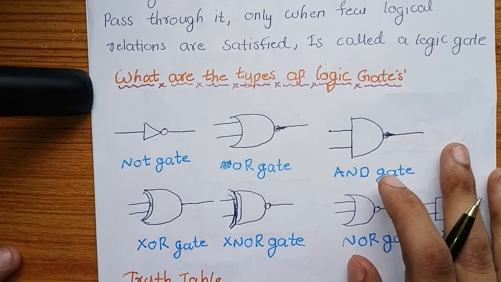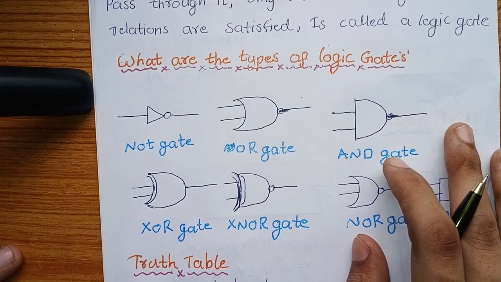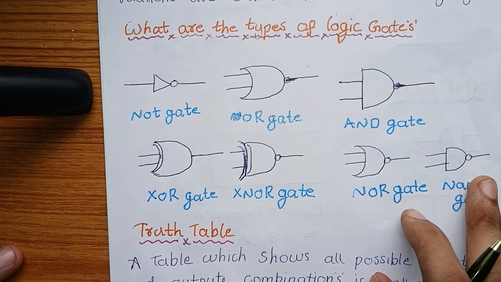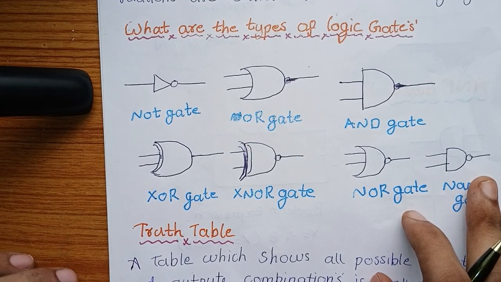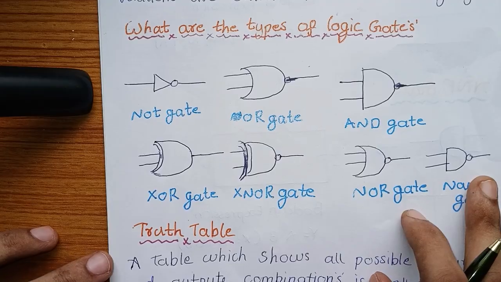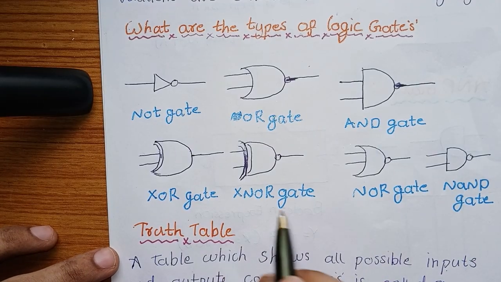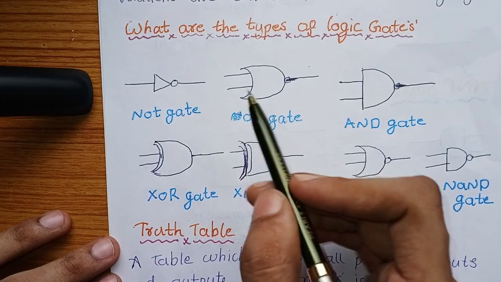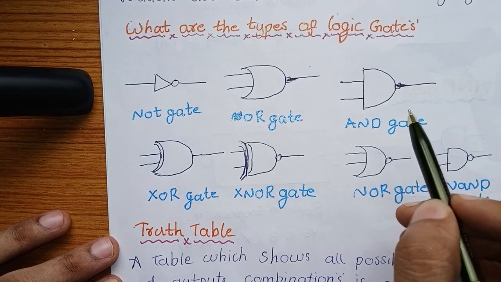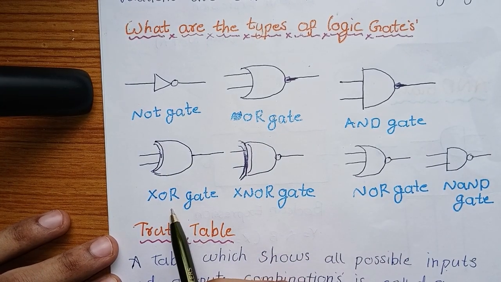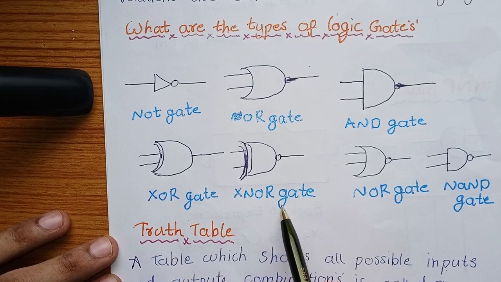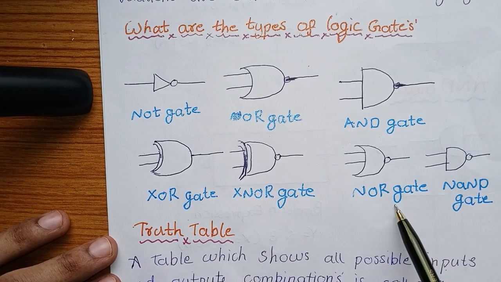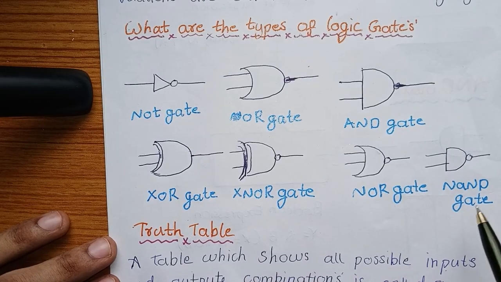Next, coming to the types of logic gates. We will discuss for some time what the types are. First of all, we will start with the basic kinds of logic gates, that is NOT gate, OR gate, AND gate, XOR gate, XNOR gate, NOR gate and NAND gate.